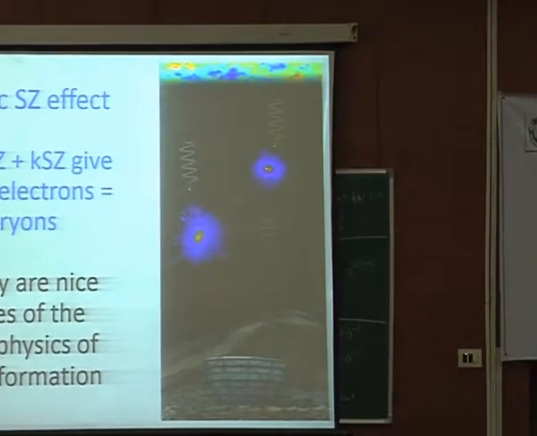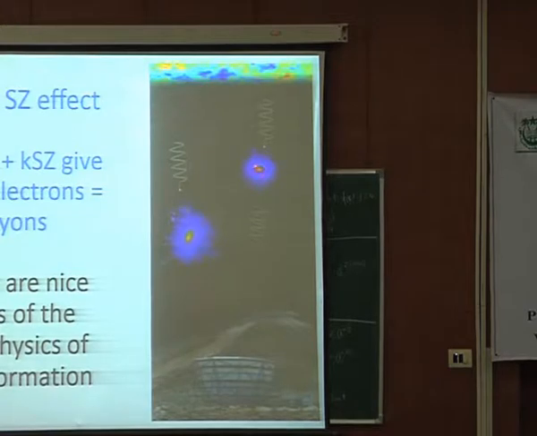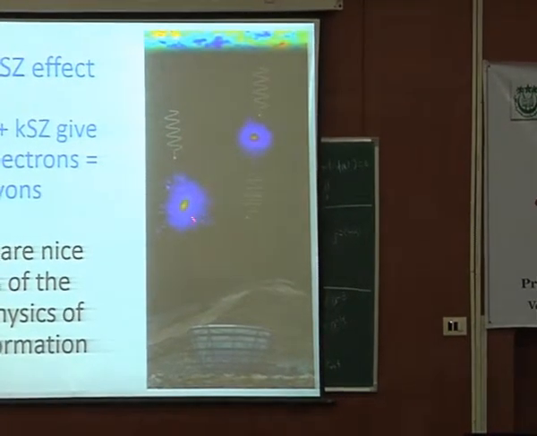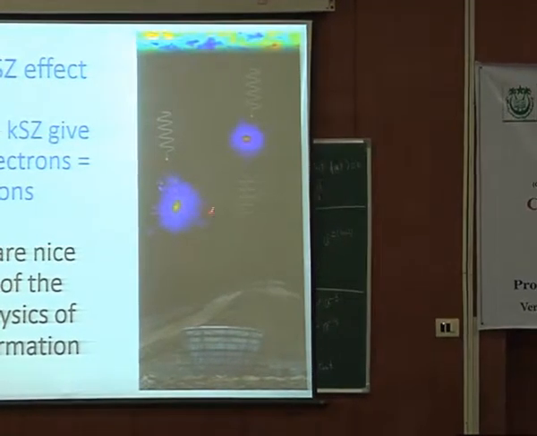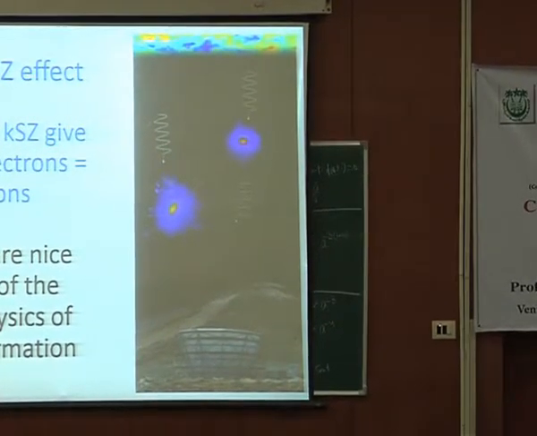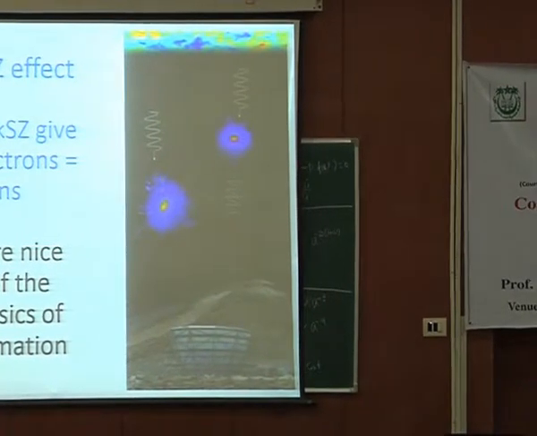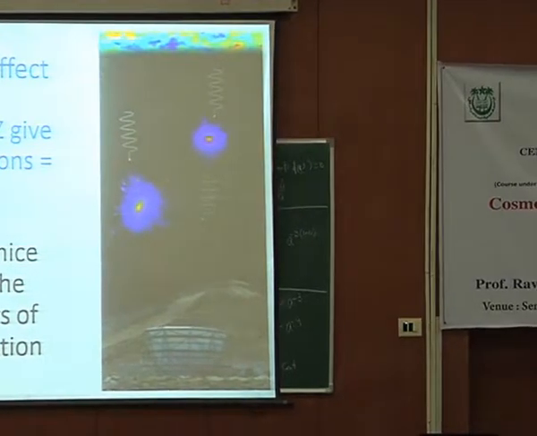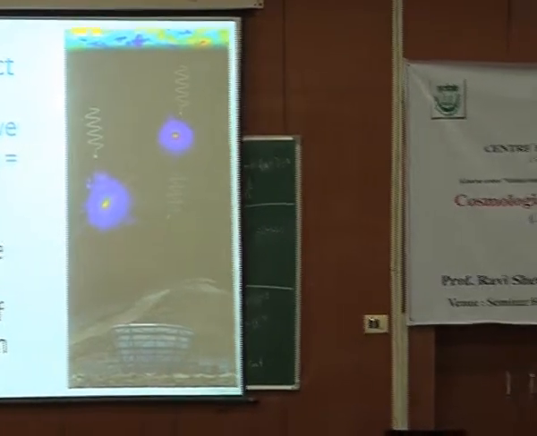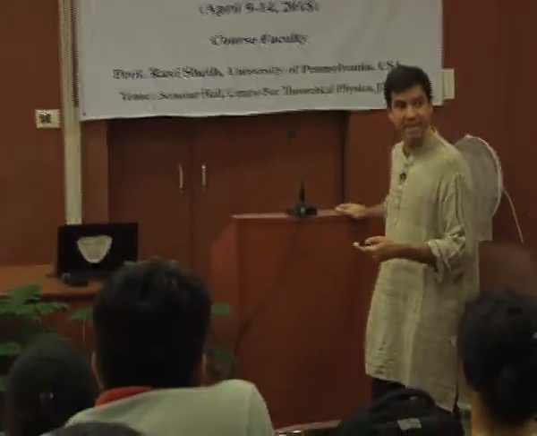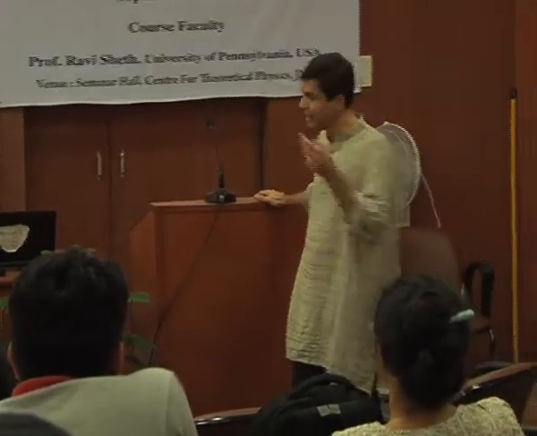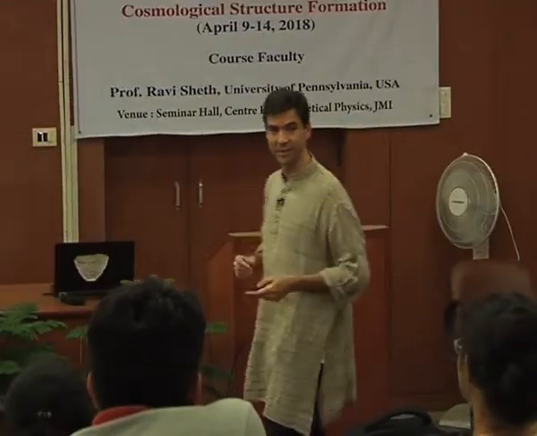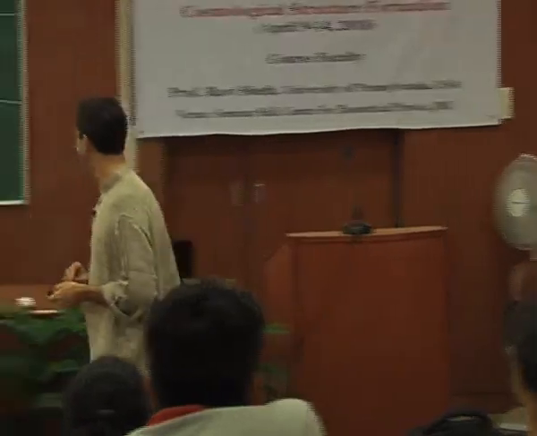So if I sit on a cluster and I measure the temperature at another cluster, then it is encoding this pairwise velocity information. And so I can pull out the KSZ effect from knowing this. So now you're measuring it not object by object, but pair by pair. That's the method that is used currently. One day we will do it with individual objects, but currently the technique is the pairwise velocities. It's a nice idea.